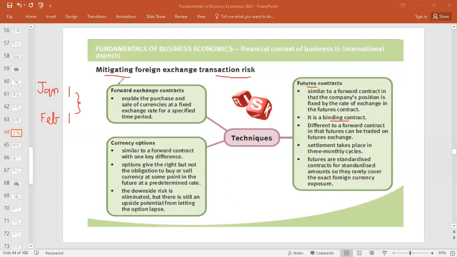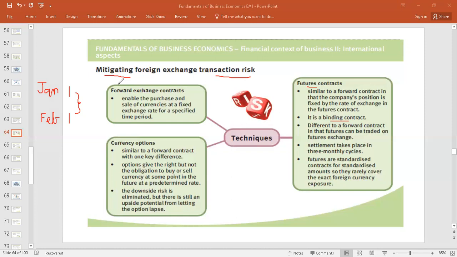It is similar to a forward contract with one key difference. Option gives the right but not the obligation to buy or sell. Whoever is the writer could be taking the position of a seller, or he could be taking the position of a buyer also.